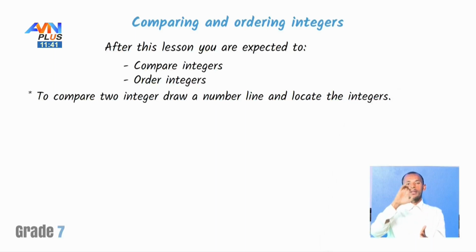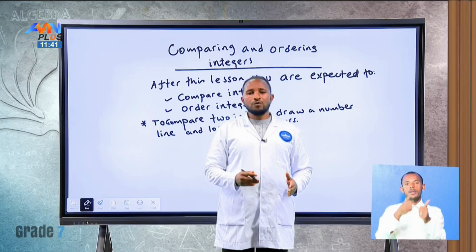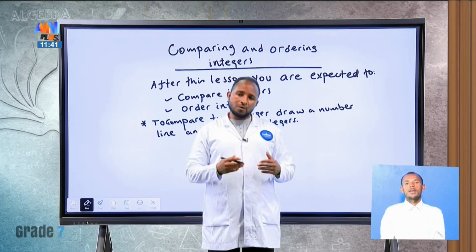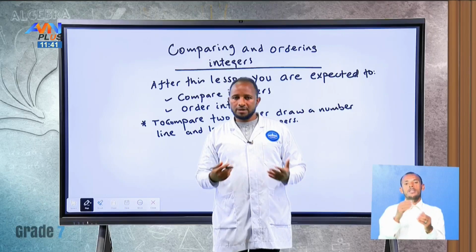And then the number which is found to the left is a smaller number, and the number which is found to the right is the bigger number.